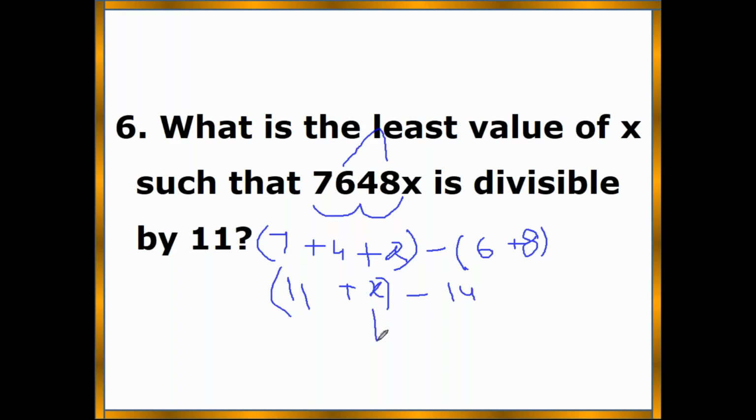If the x value is 3, 11 plus 3, 14 minus 14, the difference is 0. 0 is always a multiple of any number. X is a single digit. So if you put 3 in place of x, the given number is exactly divisible by 11. You can check with 0 to 9, no problem.